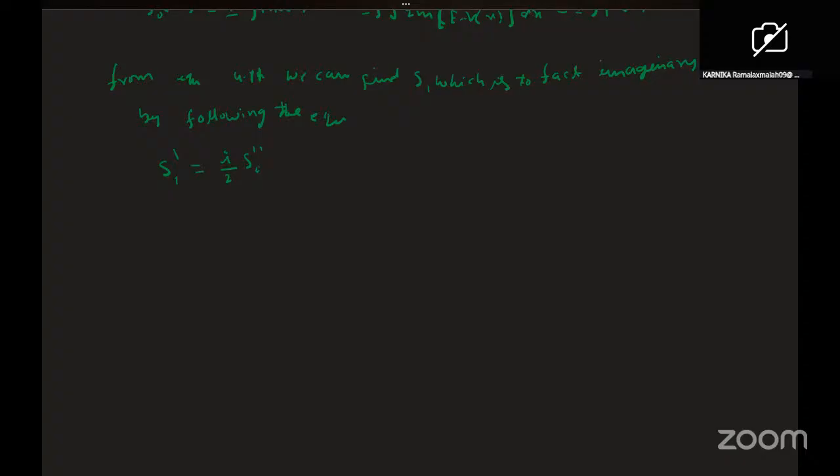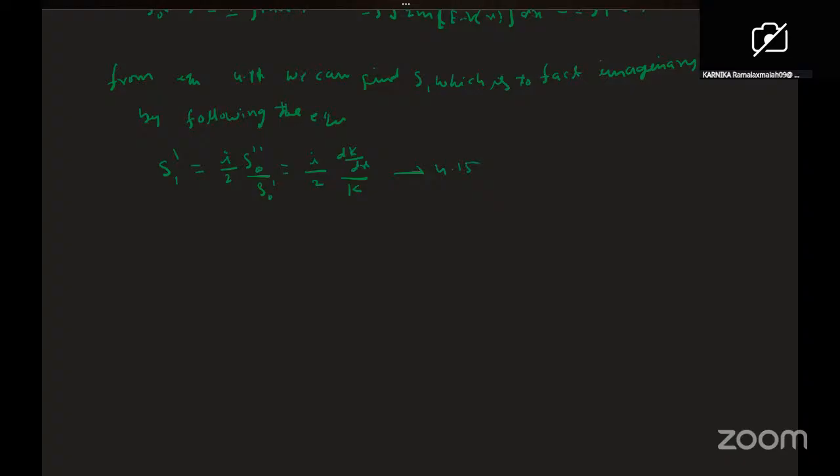is equal to i by 2 dk by dx by k. This is equation 4.15.